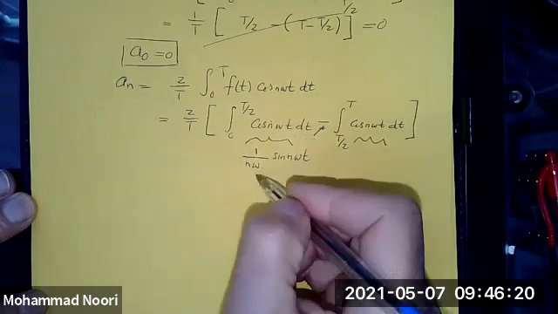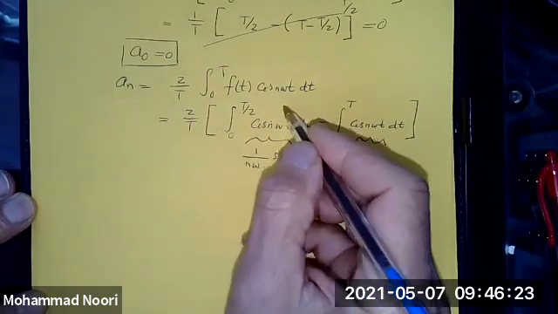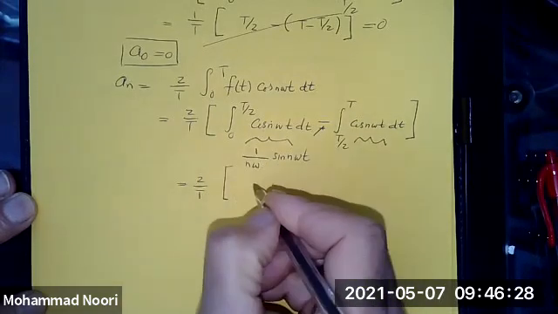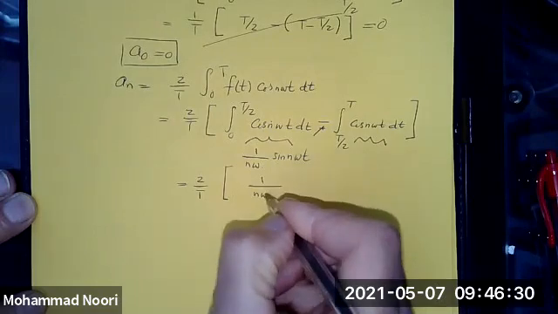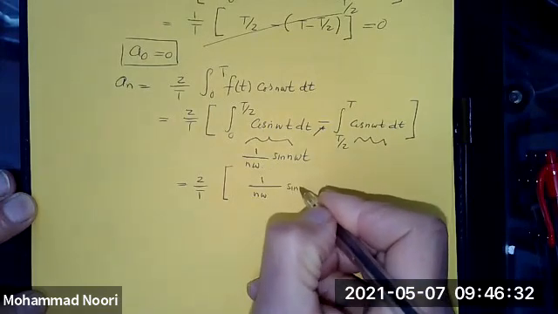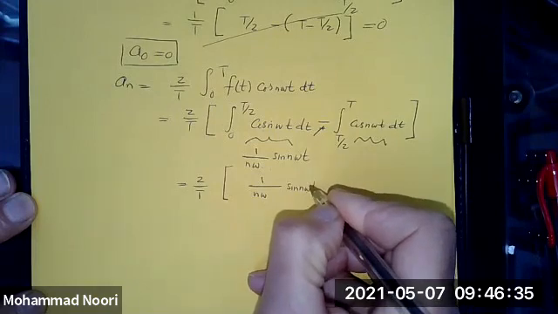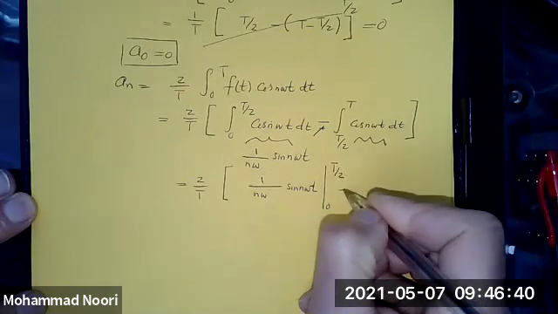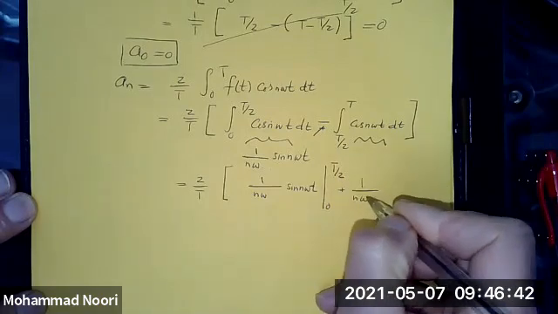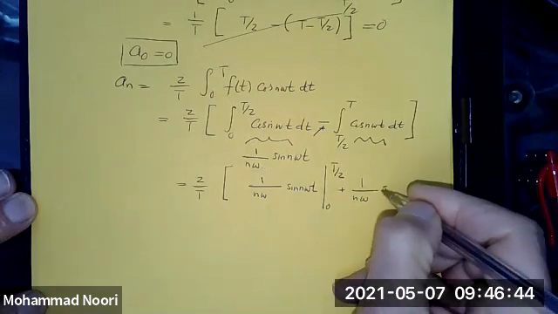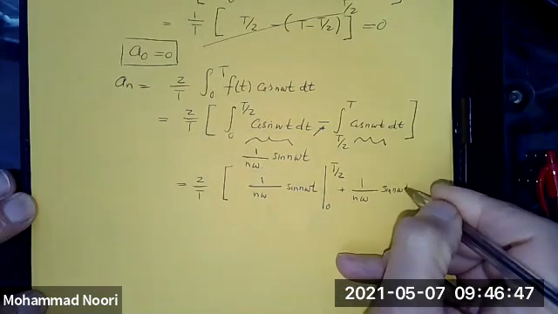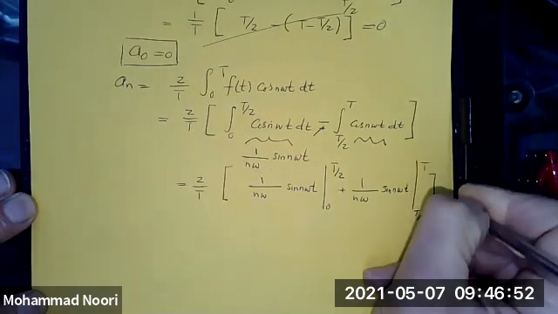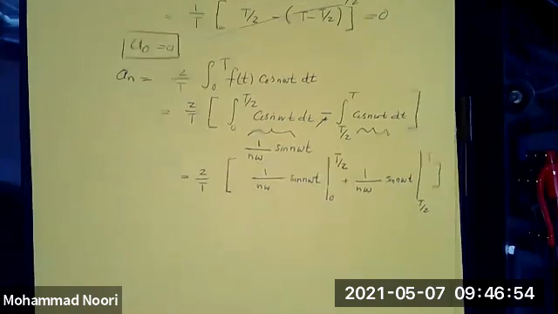So substitute for those, perform the integration, and you get 2 over T, 1 over n omega sine n omega t evaluated from 0 to T over 2, plus 1 over n omega sine n omega t evaluated from T half to T.